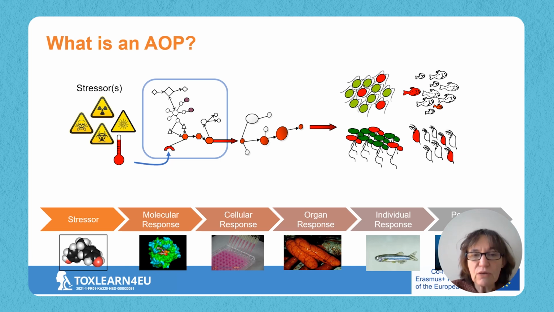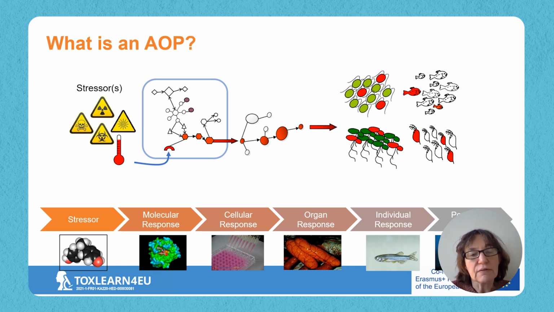So what is an AOP? An AOP is a kind of simplified toxicity pathway that starts with a molecular initiating event. This molecular initiating event is normally a molecular event, but can also be a subcellular event, for example, ROS production.